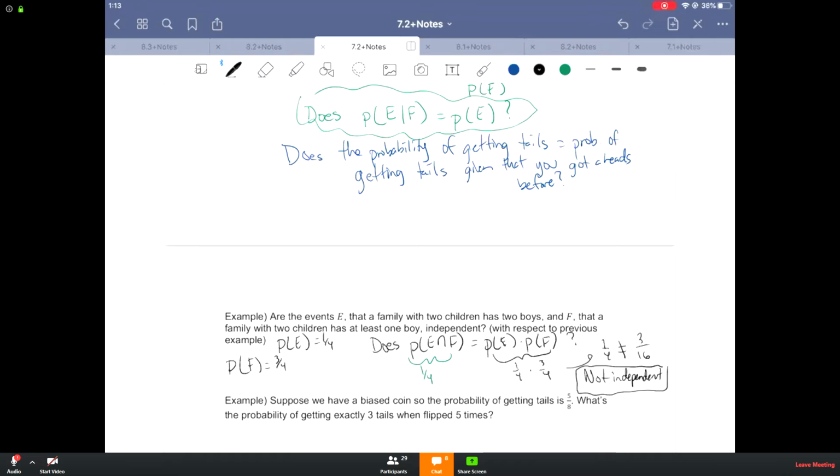Any questions on this one? Not necessarily increases, but it does have an effect.